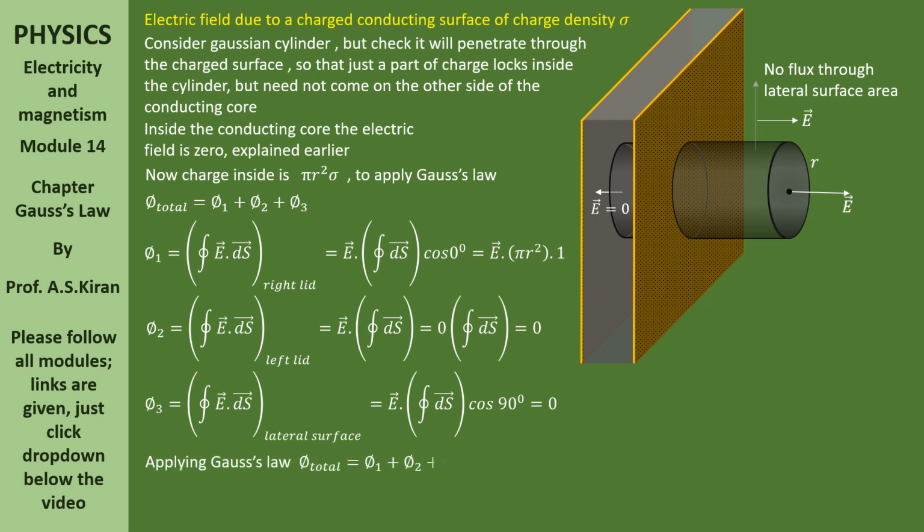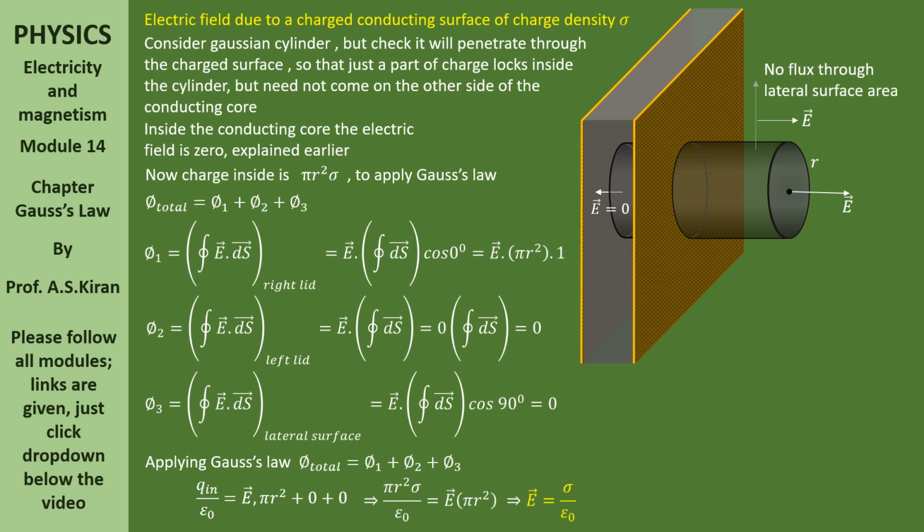Now, applying Gauss law, total flux is equal to flux 1 plus flux 2 plus flux 3. That is Qn by epsilon naught equals E pi r square plus 0 plus 0. How much is Qn here? Qn is pi r square sigma, as we already considered in the above step.